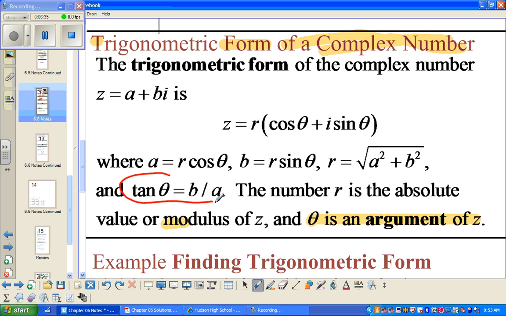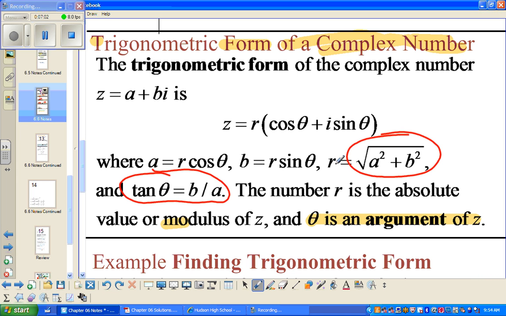So if you know a and b, then you take the tangent inverse of b over a to get theta. And you're going to take the square root of a squared plus b squared to get r. Once you have r and theta, you can write the complex number in trigonometric form.